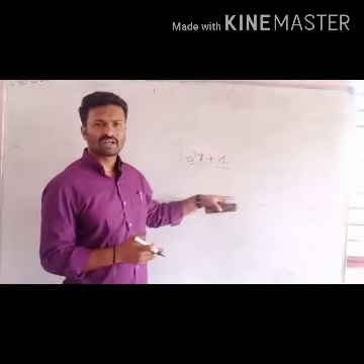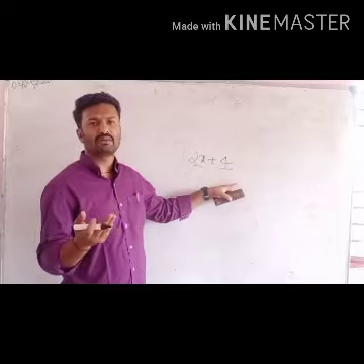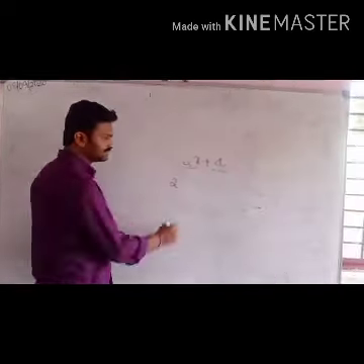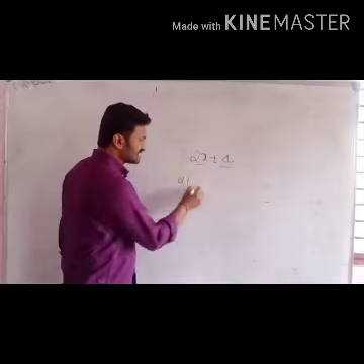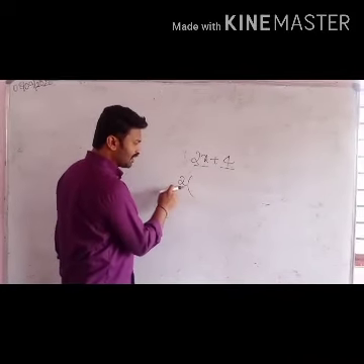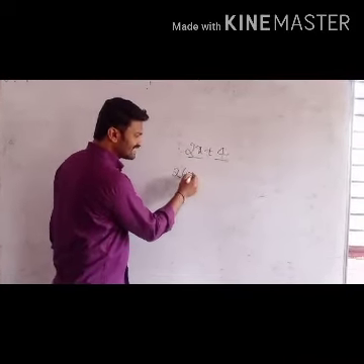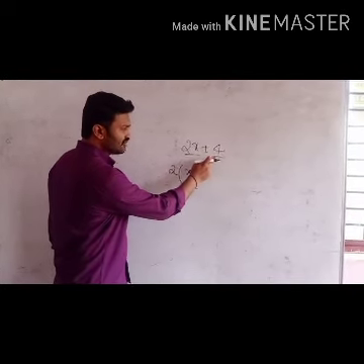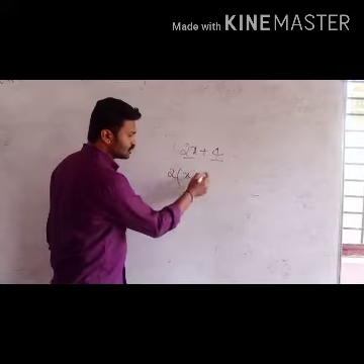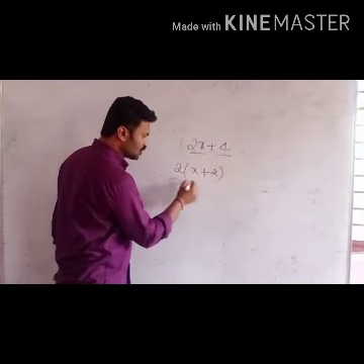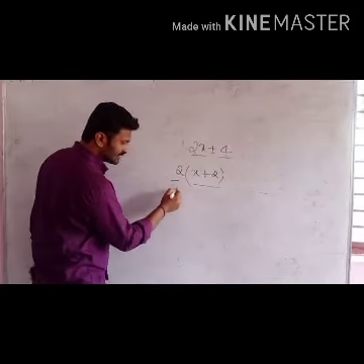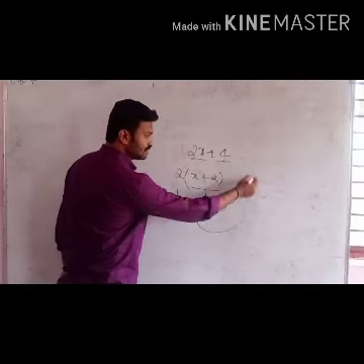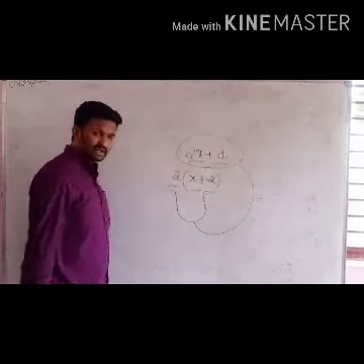What is the common in numerical? 2 and 4 are divisible by 2. What remains in the first term? 2 is already common, x remains. This 4 is divisible by 2, 2 twos are 4, so here 2 and x plus 2. This 2 and x plus 2 are the factors of this binomial.